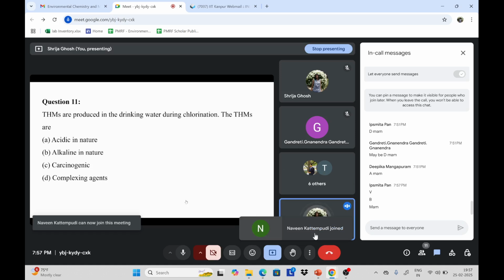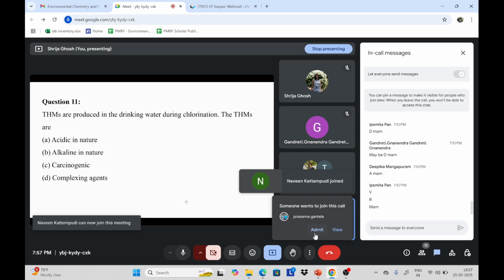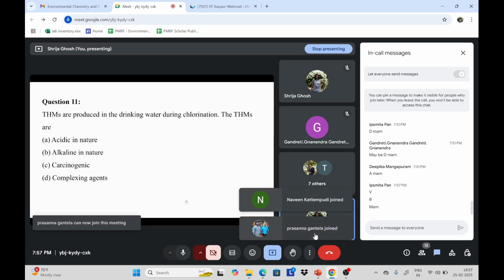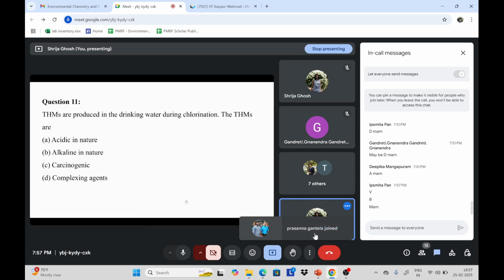If Smita is saying option B. Anyone else? Trihalomethanes are what?